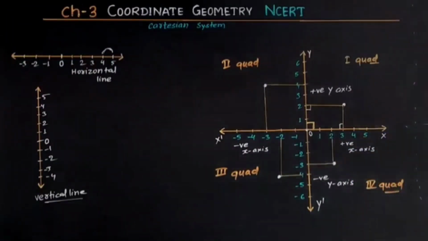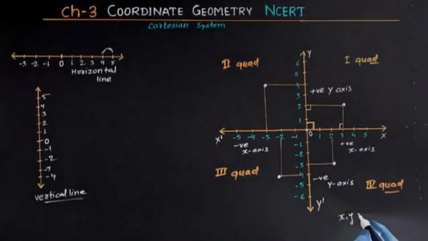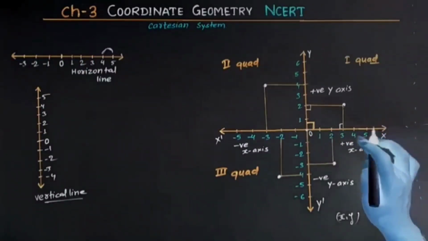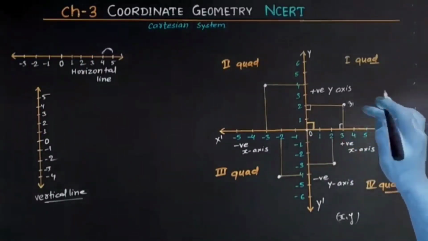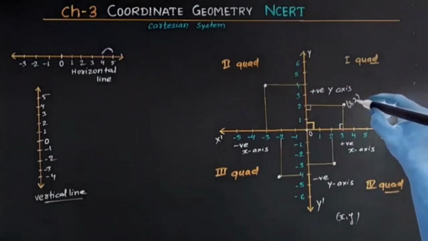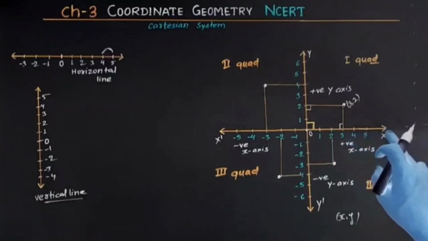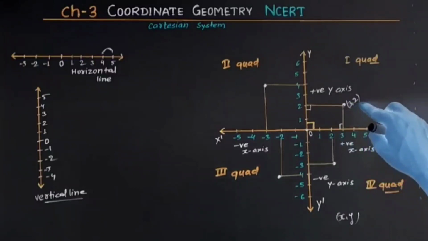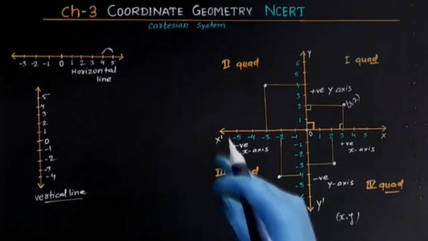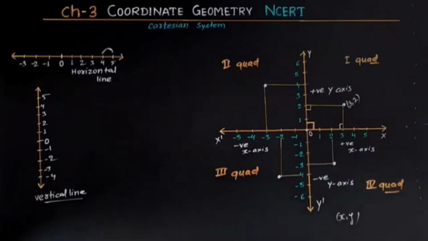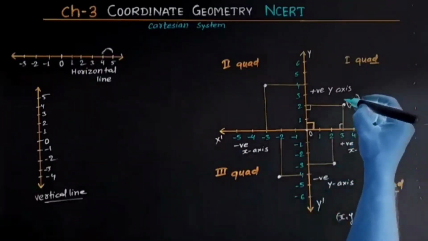For the first point in the first quadrant, x is positive and y is also positive. So the coordinate of the first point meets at 3 as well as 2, and that's why the coordinate of the point in the first quadrant is (+3, +2), because in the first quadrant the value of the first coordinate is positive and the value of the second coordinate is also positive.